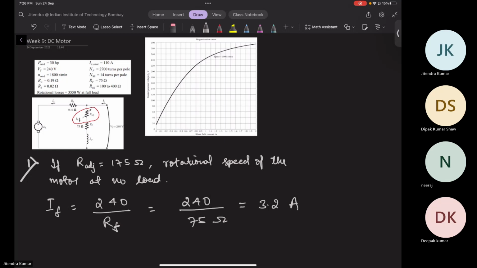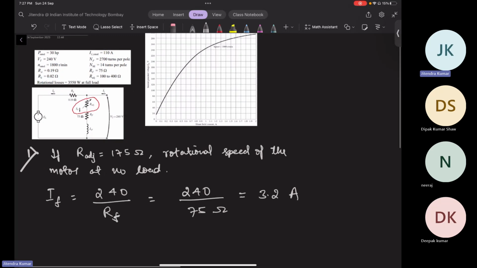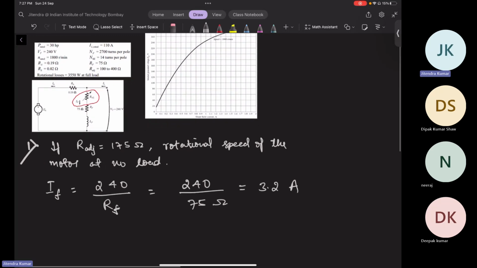But here, it is not able to take that much current. So to limit that below 1 ampere or 1.2 ampere, we have to add some resistor, and that will be your adjustable resistor, and its value is almost higher than 2 times. So let us see what its value will be.